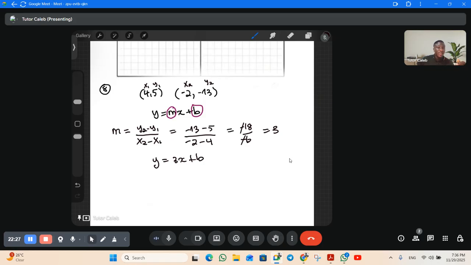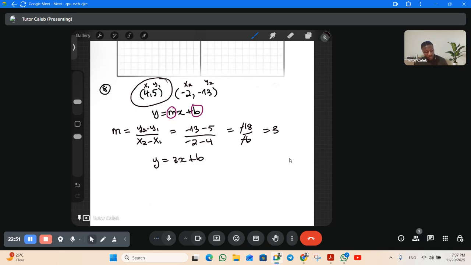We're going to do the same thing here. We're going to use the point (4, 5) and replace the x and y coordinates in the equation to find b, the y-intercept. You could decide to use x2, y2. Don't worry, if you use any of the points, it gives the same answer.